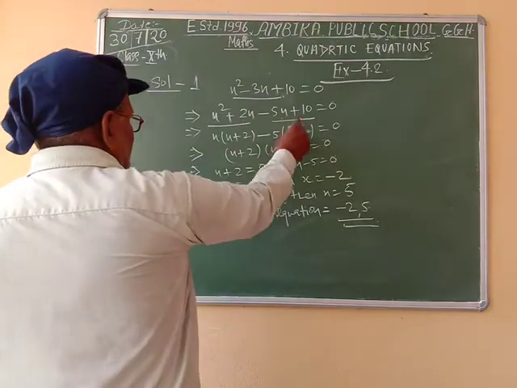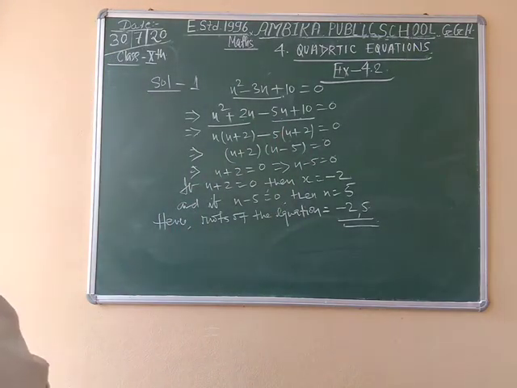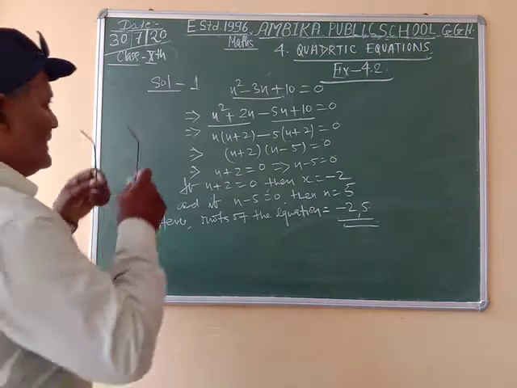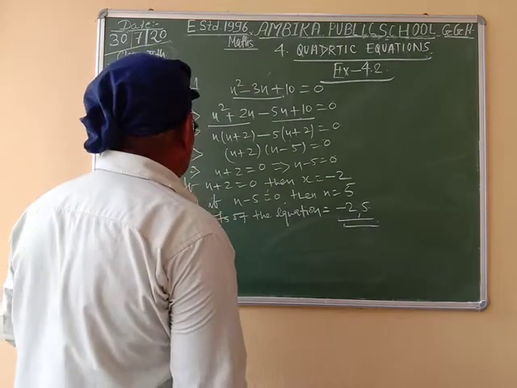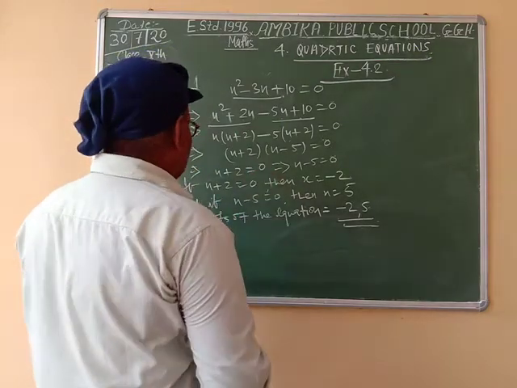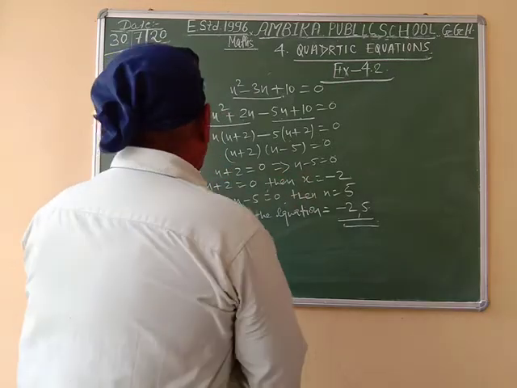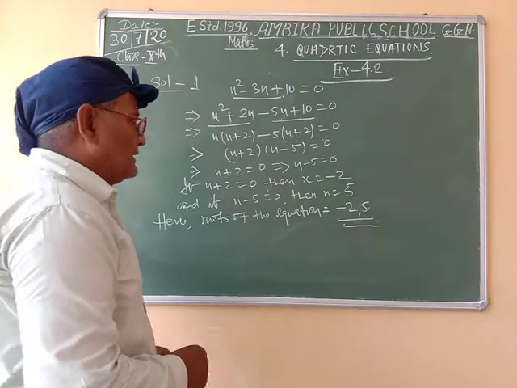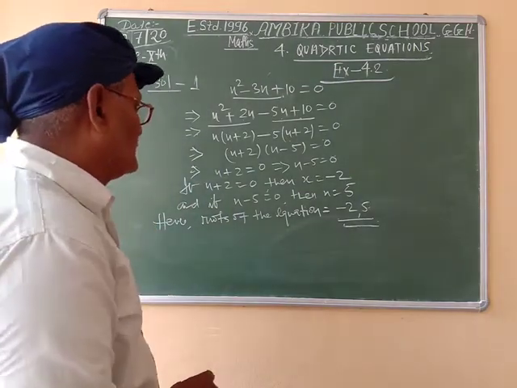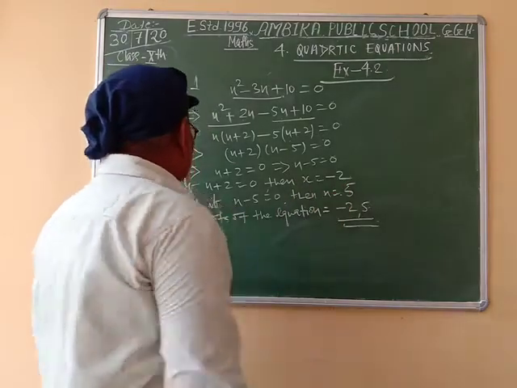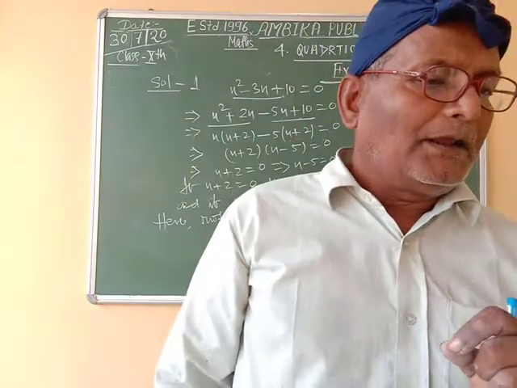Here we see that x plus 2 is common in both parts, so we can write x plus 2 and the remaining part is x minus 5 is equal to 0. Product is 0, therefore x plus 2 is 0 and x minus 5 is 0. If x plus 2 is 0, then x is equal to minus 2, and if x minus 5 is equal to 0, then x is equal to 5. Hence the roots of the equation are minus 2 and 5.